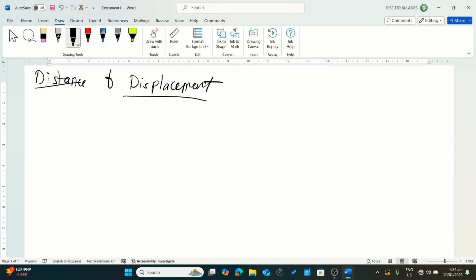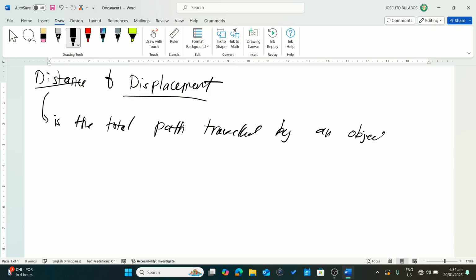Distance is the total path traveled by an object, meaning if we have here a Gaussian plane, then we're going to trace now the distance traveled by the object.